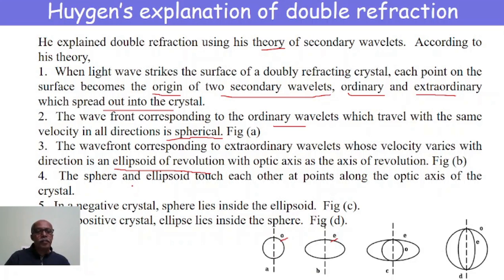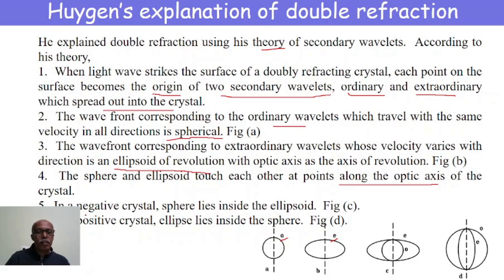And the fourth point: the sphere and ellipsoid will touch each other at points along the axis of the crystal, because along the optic axis both ordinary and extraordinary rays travel with the same speed, and therefore they touch each other along the optic axis of the crystal.